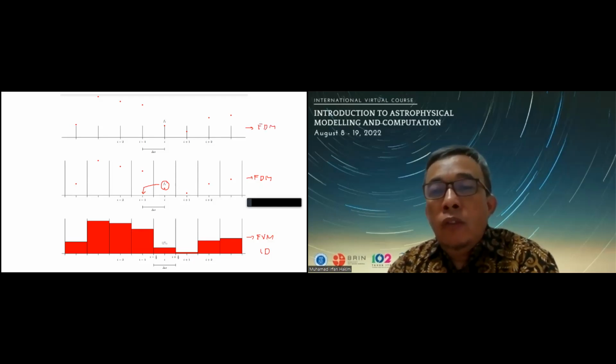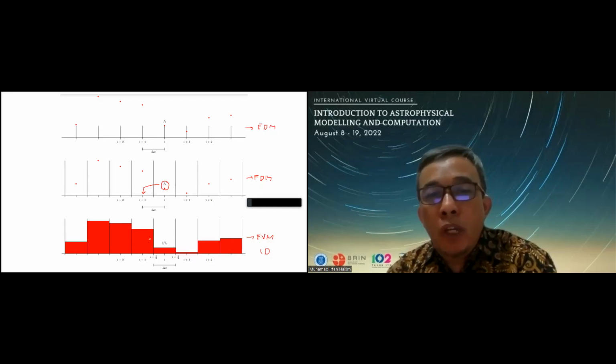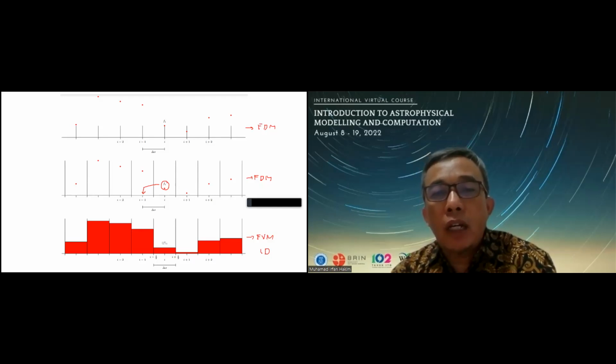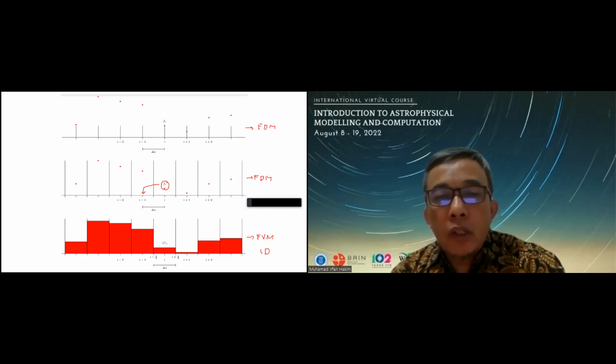But in the finite volume method, we approximate the value of a function f at node I by doing integration from the adjacent node on the left and on the right here.